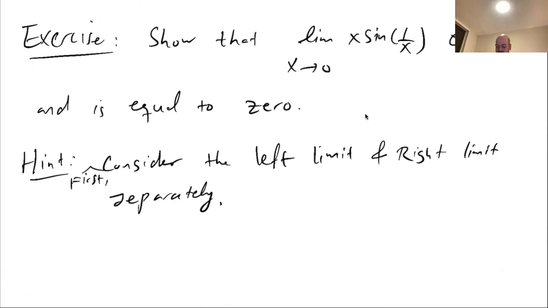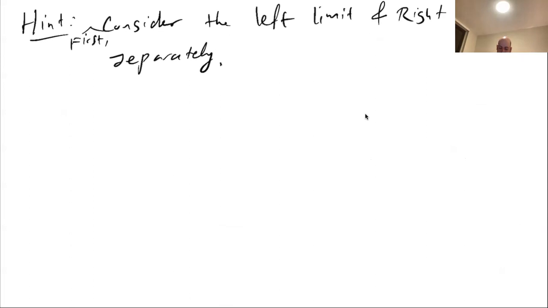But here, when you multiply with x, if x is positive, the inequality will not flip, but if x is negative, the inequality will flip. But in any case, you will see that you can still show that the right limit and left limit are each 0, and therefore the whole limit will also be 0. All right, so these are some examples of squeezing theorem.